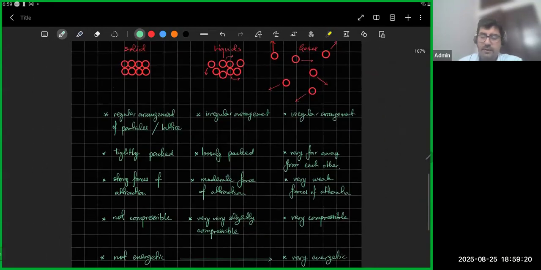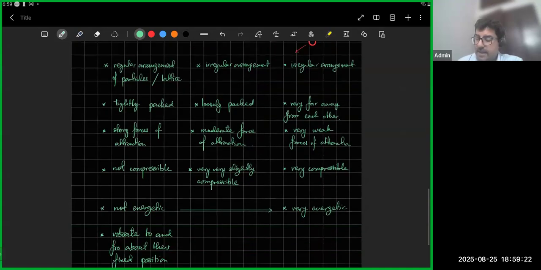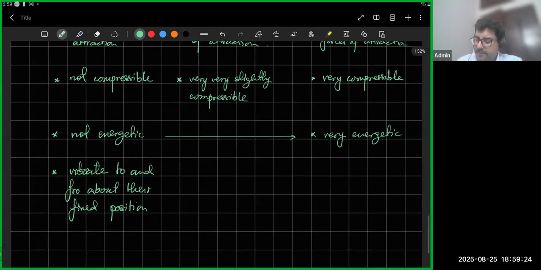They don't move around. They can only vibrate. In liquids, the particles can move around. So what they do is slip and slide past each other, but they don't move freely in all directions. So with liquid water, the particles slip and slide past each other randomly.